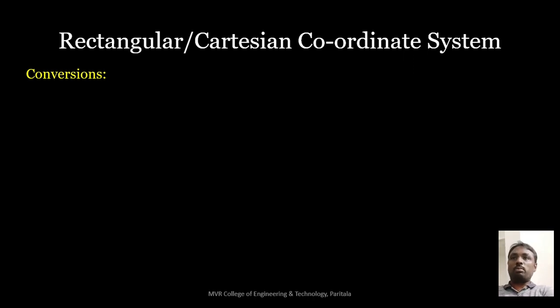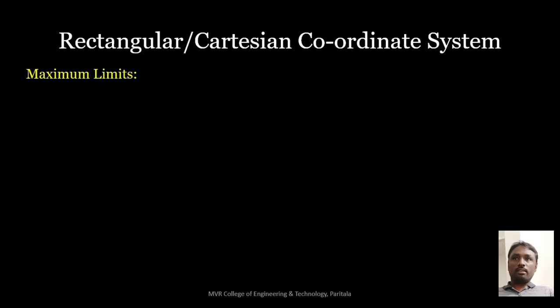If you can convert one coordinate system's variables into the other coordinate system's variables, that is called conversion. Up to now you know only one coordinate system, so we need not talk about conversion. If you know another coordinate system, then we can talk about conversion.